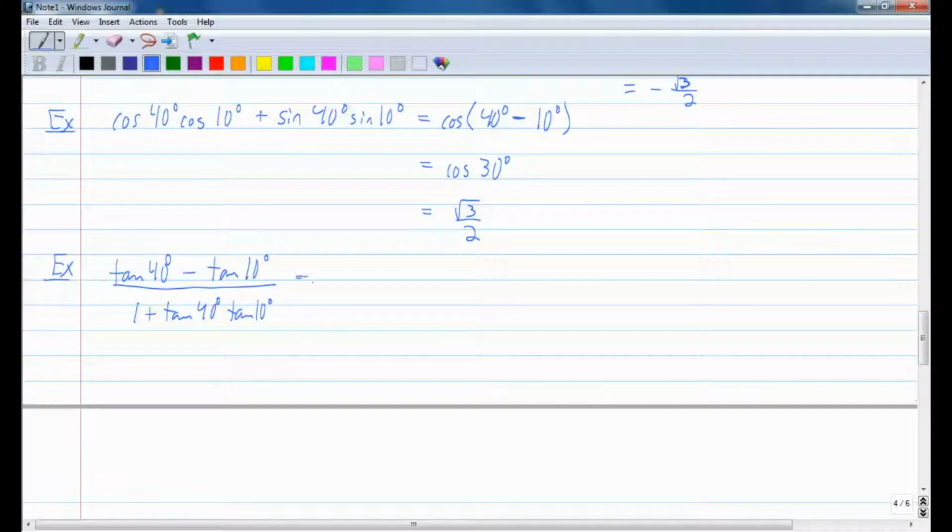So of course you can tell this is a tangent, and then if there's a minus in the top, that means it's a difference for tangent. So this is going to be the tangent of 40 degrees minus 10 degrees, which is the tangent of 30 degrees, which is what? Square root of 3 over 3.